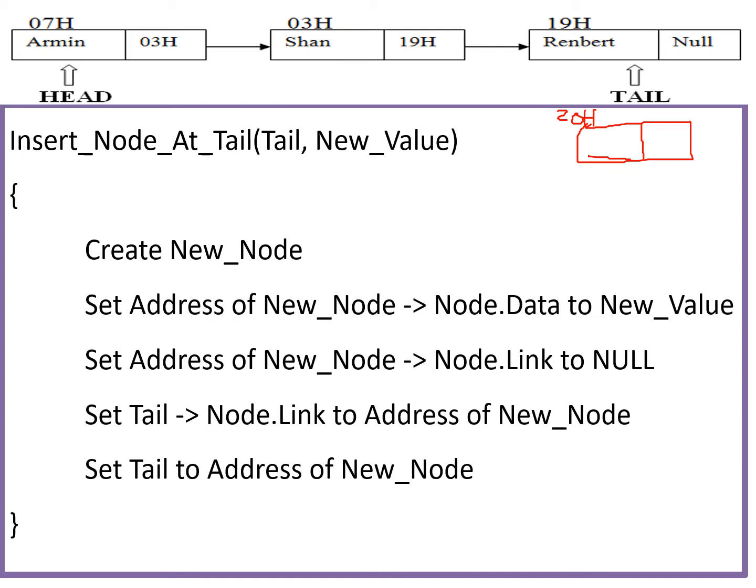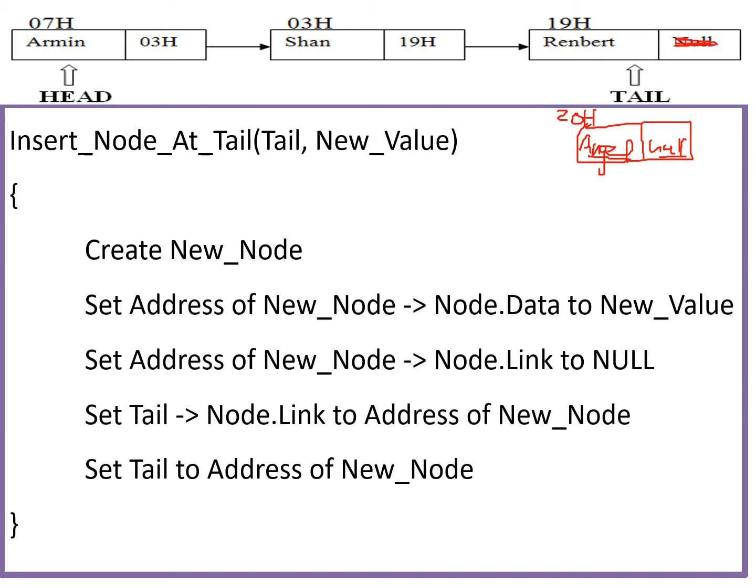And then you're going to assign the new value, let's say the new value is angel, to the address of the new node. And then you're going to set the link field of that new node to null. Madali na. Bakit i-assign na as null? Because that is the last element. So what will happen here on our previous tail, that would be a change.